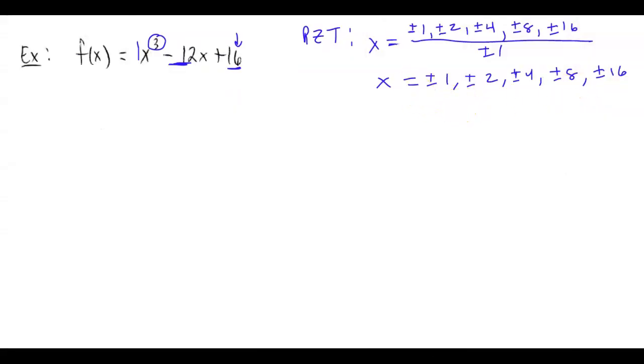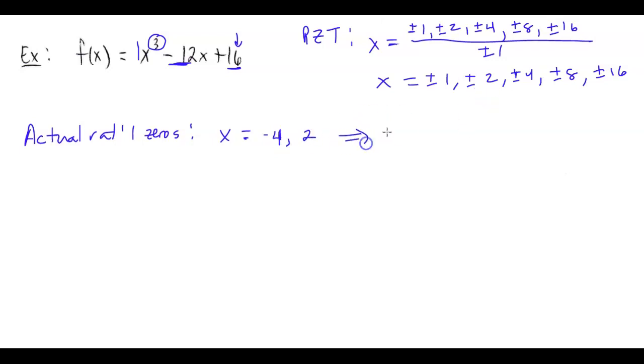So noting that, now we're going to actually write that down. Because of this, our actual rational zeros are going to be x equals negative 4 and x equals 2.